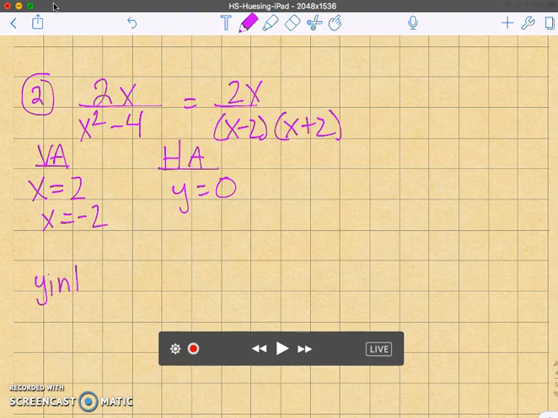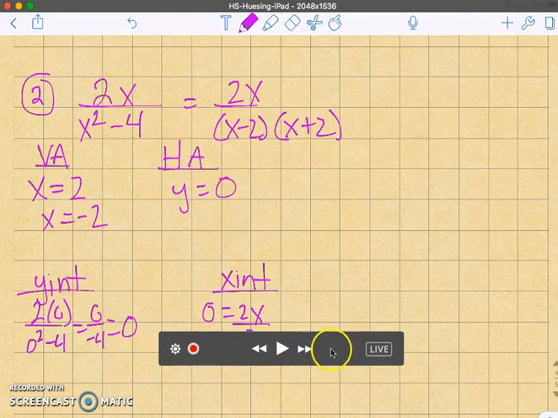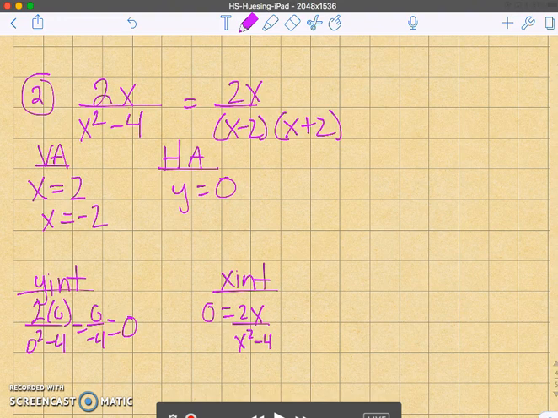Our y-intercept, if we plug in 0, we would have 2 times 0 over 0 squared minus 4, 0 over negative 4, which is 0. Our x-intercept, when does 0 equal 2x over x squared minus 4? If we multiply by x squared minus 4, 0 equals 2x, so x equals 0.